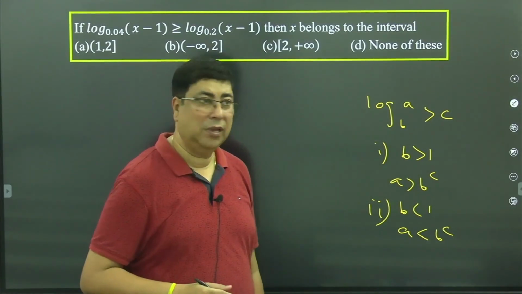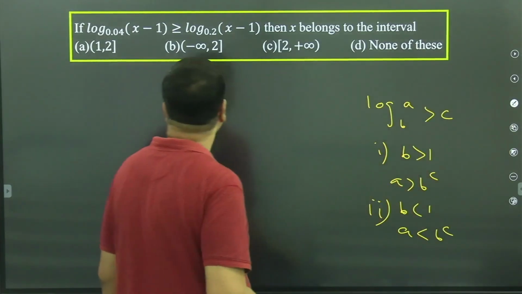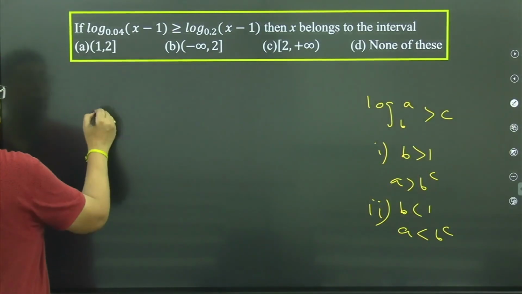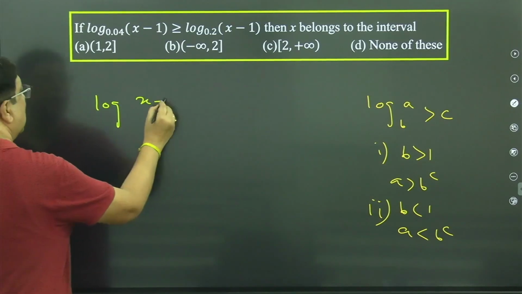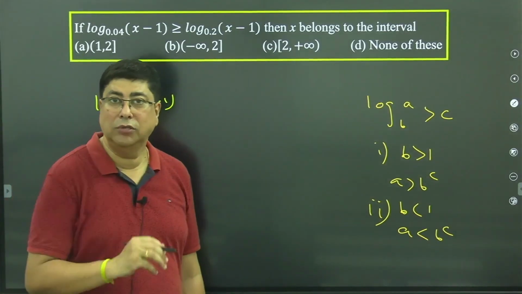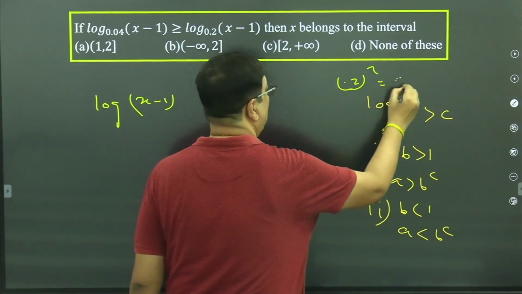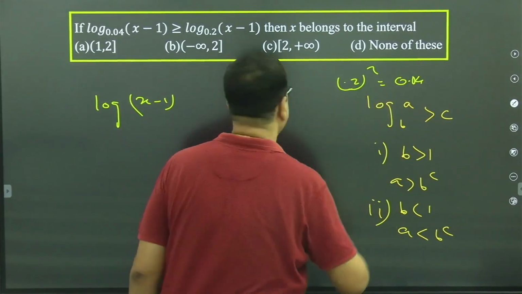So let's apply one sum here. In this case, log x minus 1 base 0.04. 0.04 is what? 0.2 whole square, right? So 0.2 whole square is 0.04. We know this.